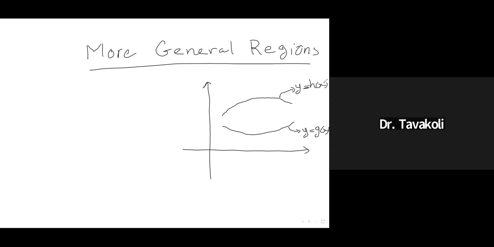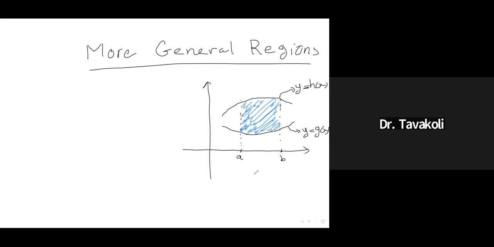And x runs from A to B. Now, the region that we have now will be this region, and we are integrating over this region. The points in this region satisfy these inequalities.